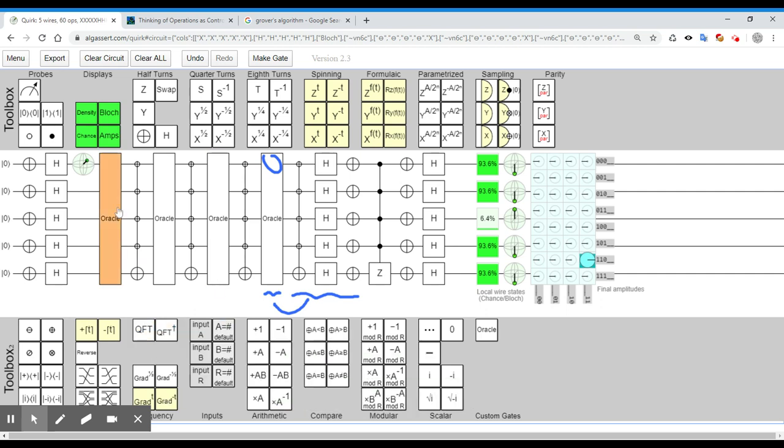So the essence is that you've got an oracle, and the fact that you're adding a relative phase for that particular component of your state is what you want to then have in your amplitudes at the end of the circuit. That's the point. It's not just a search. Search is a more concrete version of this; that's the more generic.